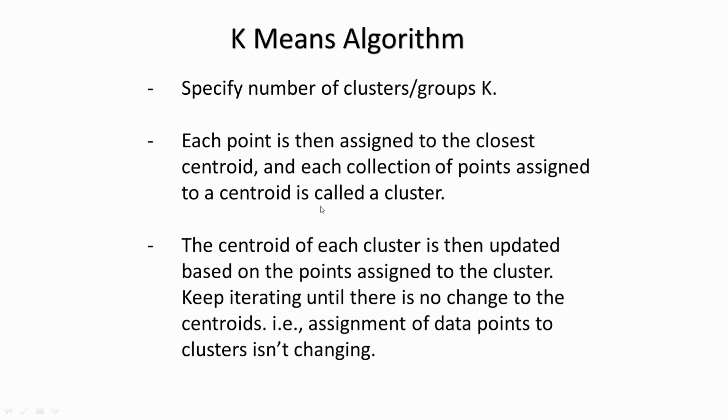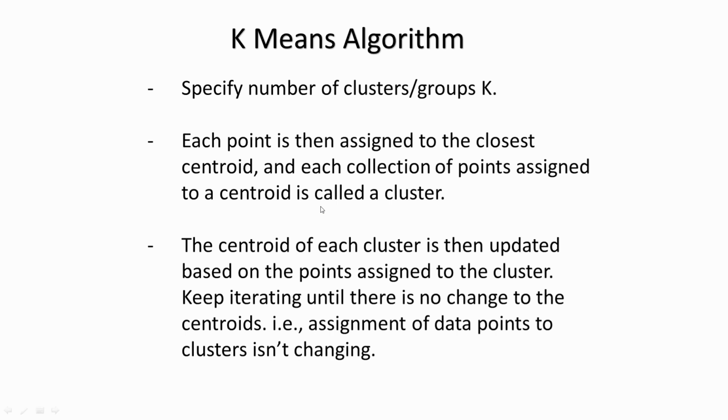So basically we will first determine the position of centroids randomly, and then we will assign each data point to the centroid it is closer to, and we will form the groups based on the collection of points assigned to a particular centroid.